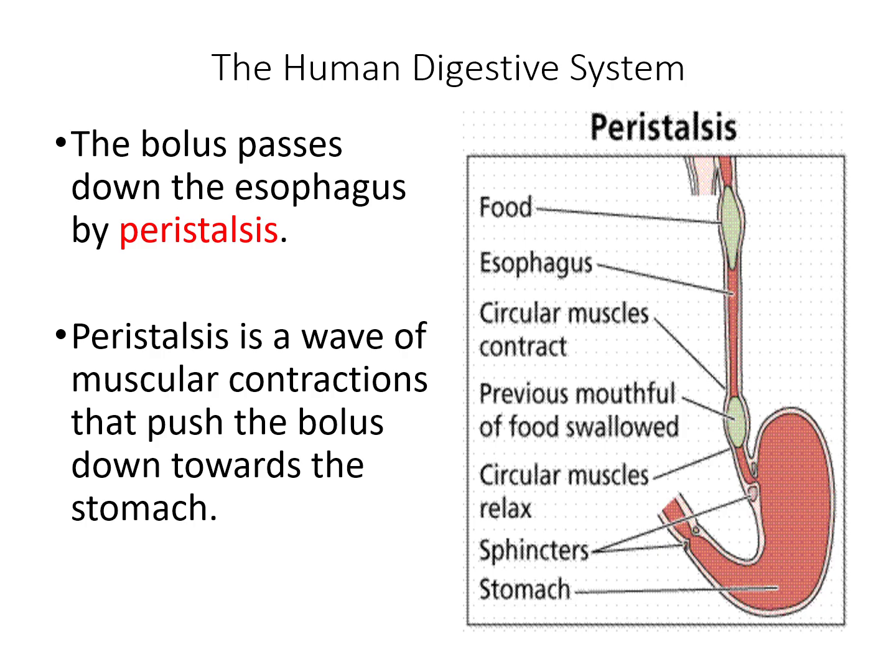Since these organs are composed of smooth muscles, this movement is purely involuntary. Now, we call this movement peristalsis. As you can see, it is a wave of muscular contractions that push the bolus down towards the stomach.